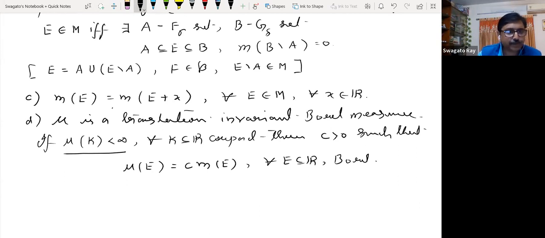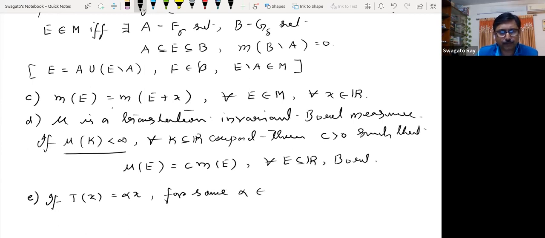Last property. This is not much in one dimension. If you define Tx equals alpha x for some alpha in R, then take any set E, apply T to it and measure it, and compare with the measure of E. There should be a number appearing here depending on alpha.